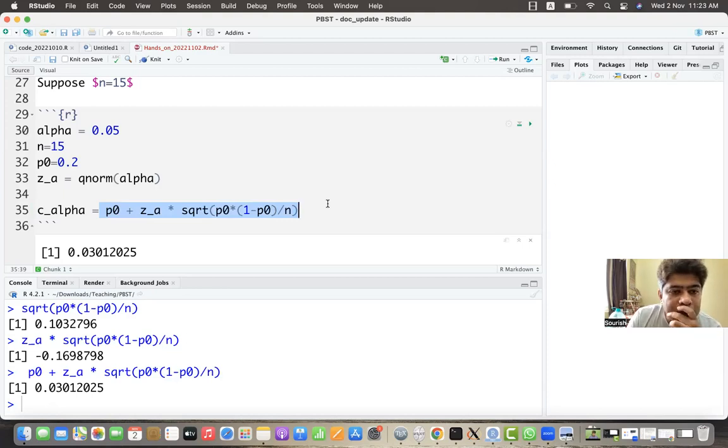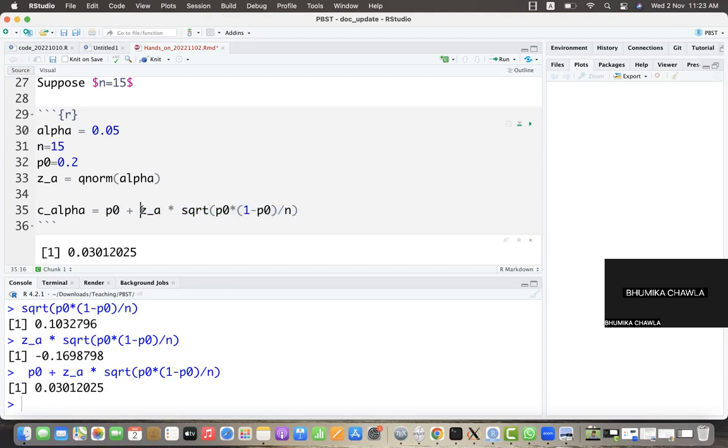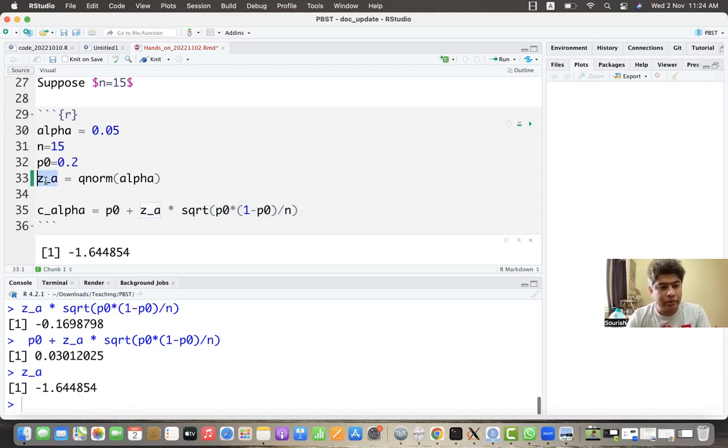What mistake are we making here? Z alpha usually denotes the critical point where the area after that critical point is 5%. Here I know. So sir, here you have taken Q norm of alpha. No, that is not an issue. I think this gives me the correct Z alpha, negative 1.64.